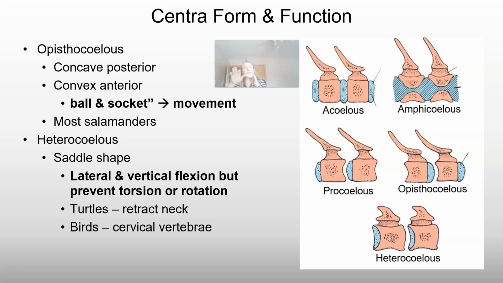That helps turtles retract the neck down into their turtle shell, okay, so that they can rotate it down in, but it prevents it from twisting. And same thing with birds and their cervical vertebrae. So birds have a lot of motion in their head, but we don't want that torsion. So these vertebrae help to prevent torsion.